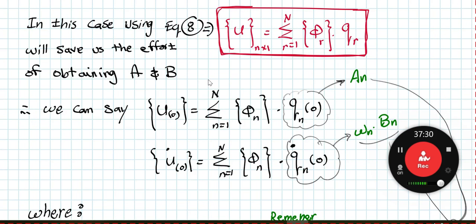After that, we claimed that when we use this equation to represent u node and u dot node, which means the initial displacement vector and the initial velocity vector, we can use this modal coordinate here and give it a specific designation, qn and qn dot.